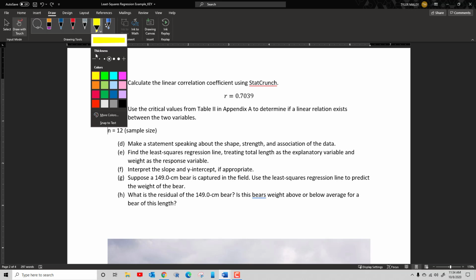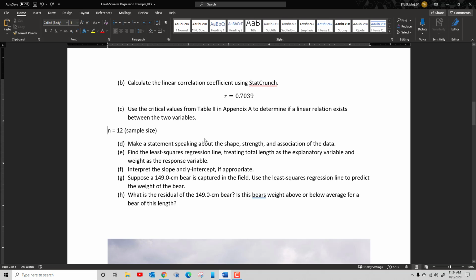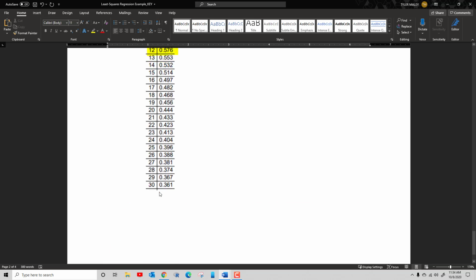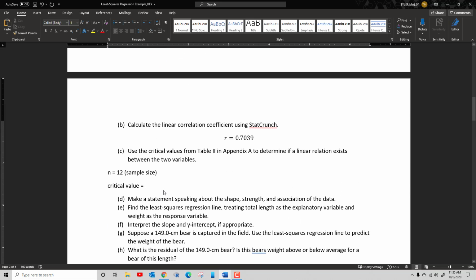Let me deselect this highlighter there. So the critical value equals, I forgot what it was now, it was 0.576.